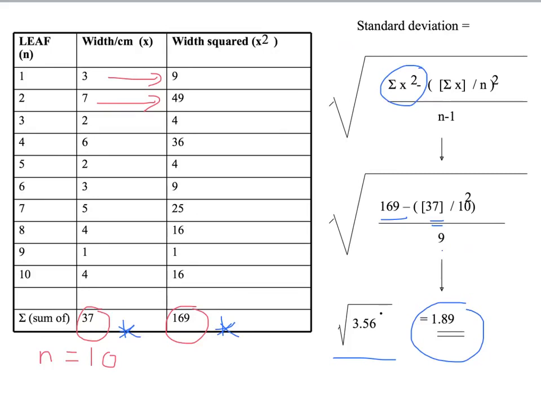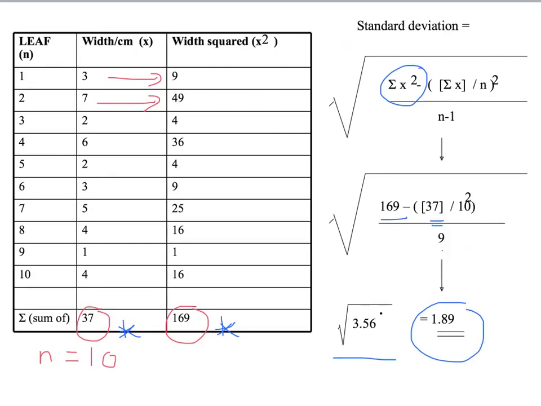So we can say that values roughly are 1.89 away from the average. So if we worked out the average width of one leaf, if we think of the spread of data around the mean, most of the values are 1.89 centimetres away.